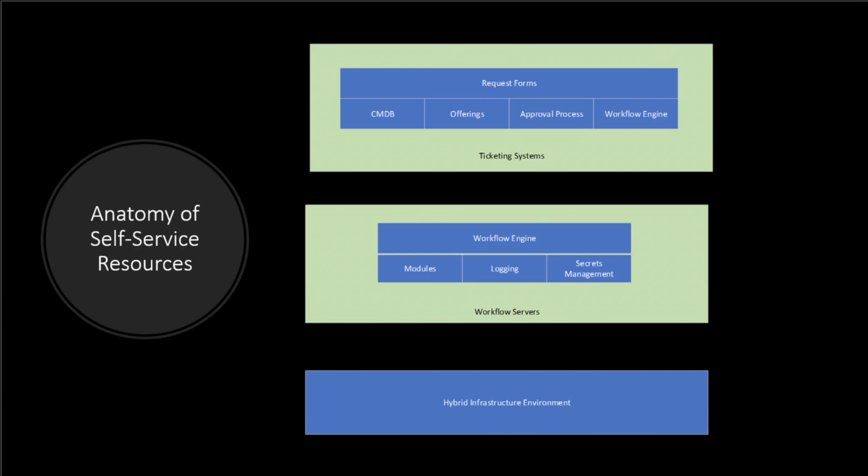So vRealize Automation is essentially handling that piece of the top block. Workflow servers, we've got a couple of them in this demo. vRealize Orchestrator is going to be doing some workflow. Ansible automation is going to be doing some workflow. I'll explain why I've chosen to go that route during the demo. The bottom block is the hybrid infrastructure.